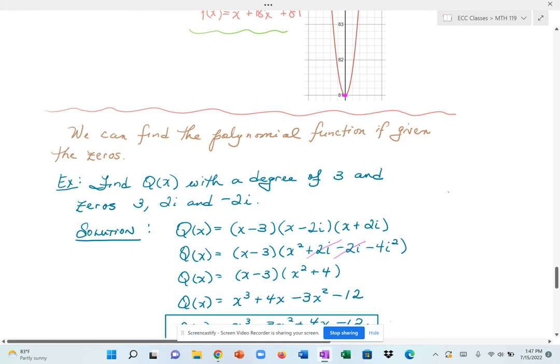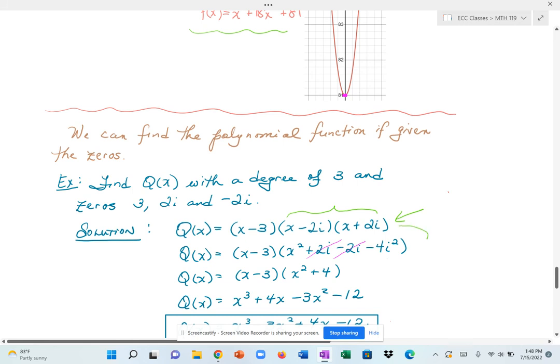So we want to find the polynomial q of x with a degree of 3, with the zeros 3, positive 2i, and negative 2i. So each factor associated with those 3 zeros are x minus 3, x minus 2i, and x plus 2i. You have to multiply those 3 binomial expressions together. So I did 2 at a time. So I decided to multiply these 2 first.